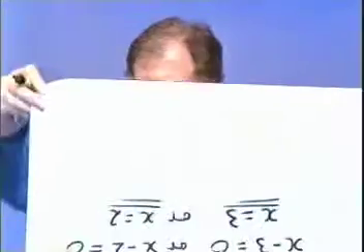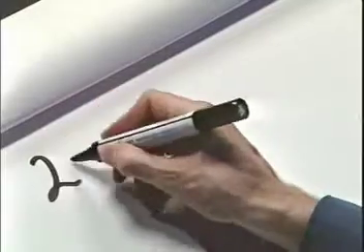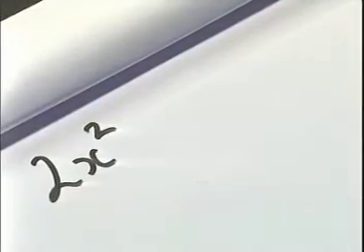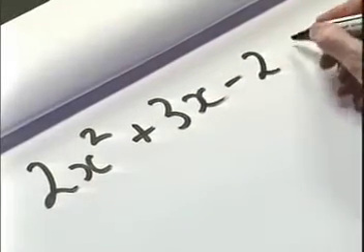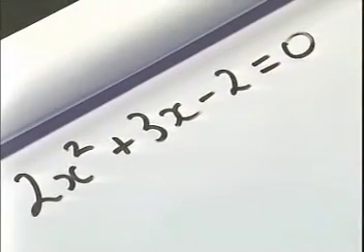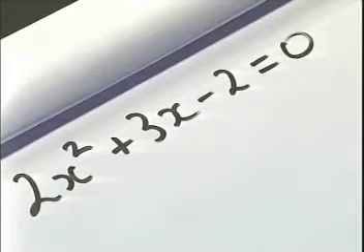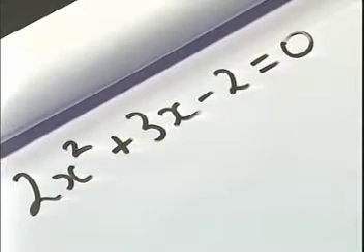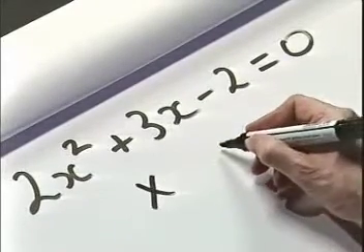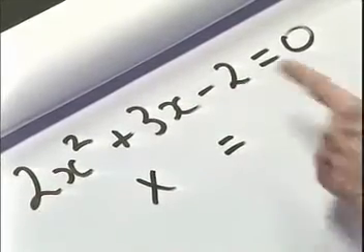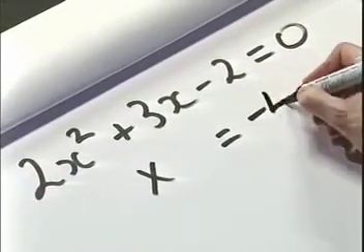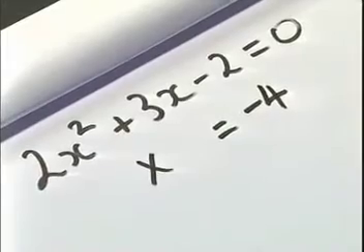Let's take another one. This time, let's take something that does not have a unit coefficient in front of the x squared. So we'll take 2x squared plus 3x minus 2 equals 0. Now, in order to solve this one, we're looking for two numbers that will multiply together to give us 2 times minus 2, so two numbers that multiply together to give us minus 4.